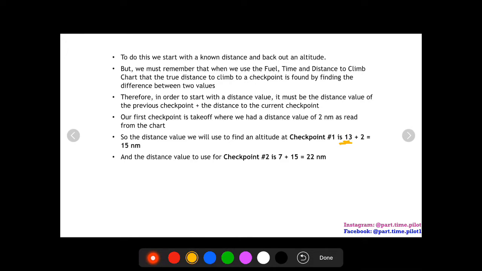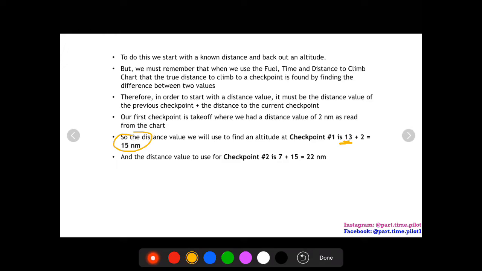So in order to do this at each checkpoint, we have to take the distance value of the previous checkpoint plus the distance to the current checkpoint. For checkpoint 1, our previous checkpoint is our takeoff airport, and the distance value from the chart was 2, plus the distance to our current checkpoint, which is 13, equals 15.